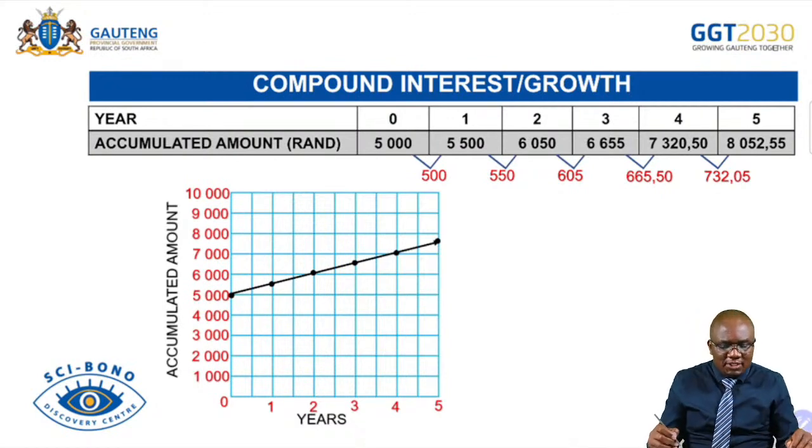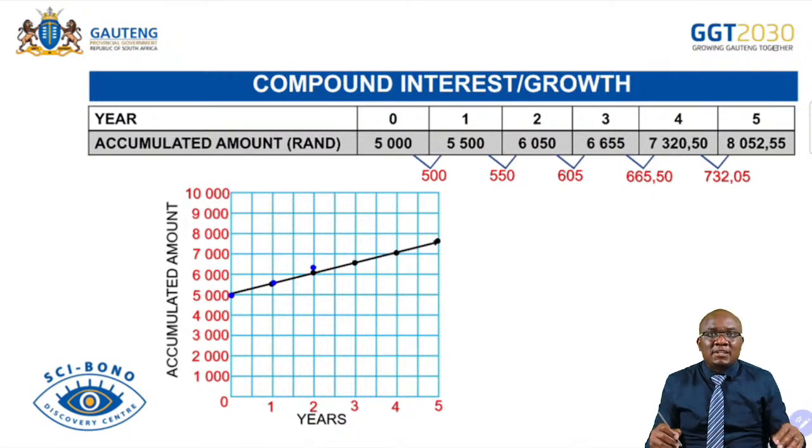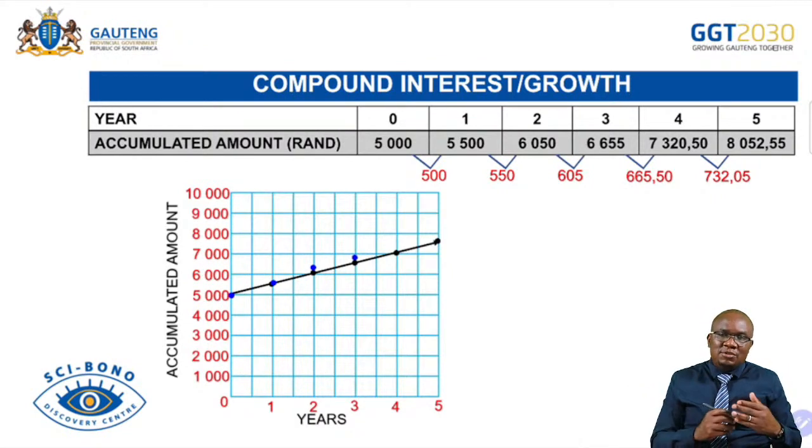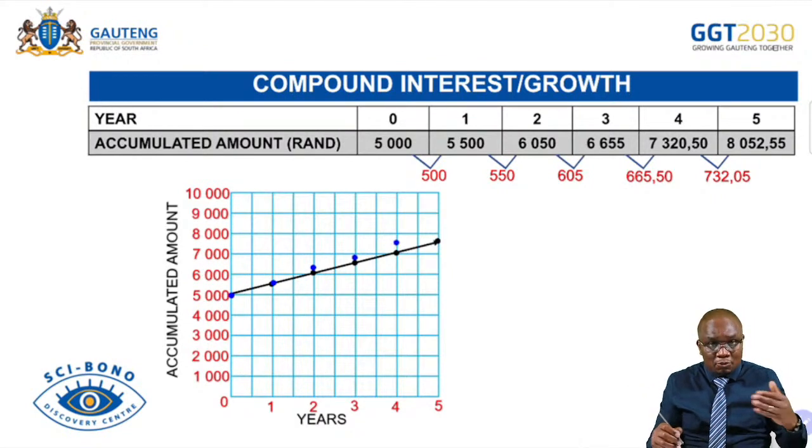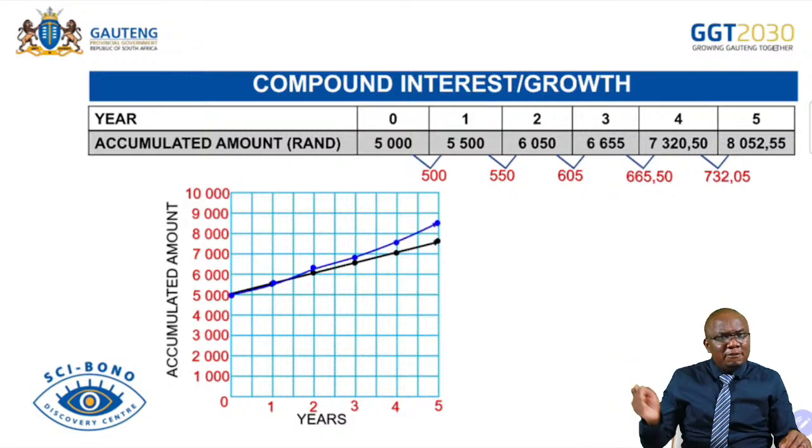And then when you plot it, we get a graph like this. I've done it for 5 years. But if you invest for a longer time, I'm going to show you in the next one. You see the graph is going up like that. What type of graph is that, grade 11s? Remember the quadratic function, the hyperbolic function, the exponential function. Which one is which?